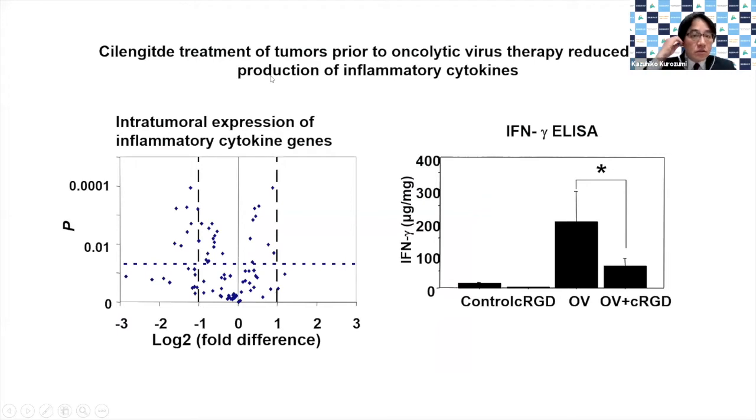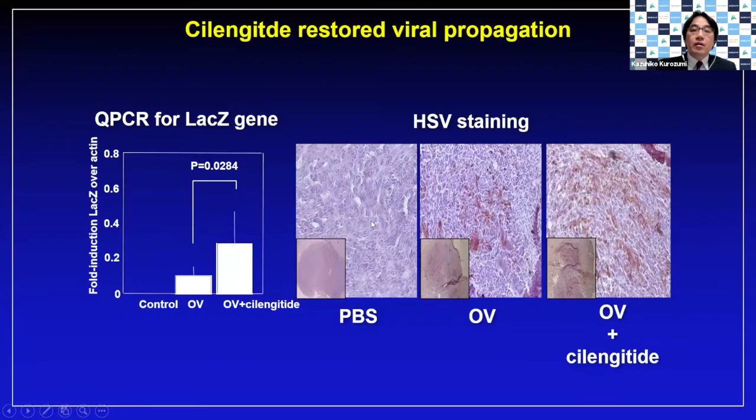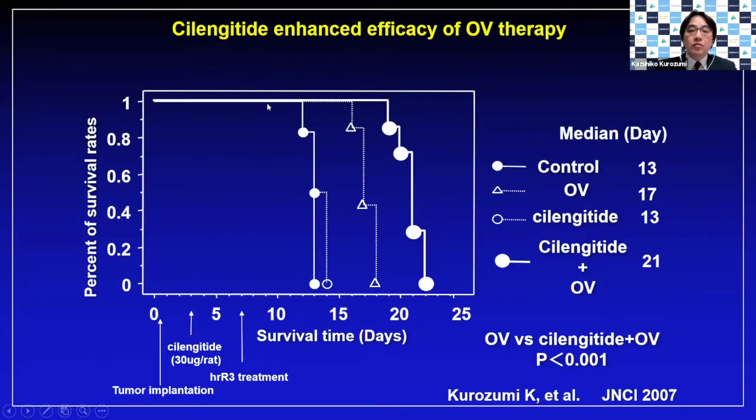Intratumor cytokine gene expression is decreased, and the interferon gamma concentration by ELISA went down. In contrast, HSV propagation occurred more, and we could obtain prolonged survival here.